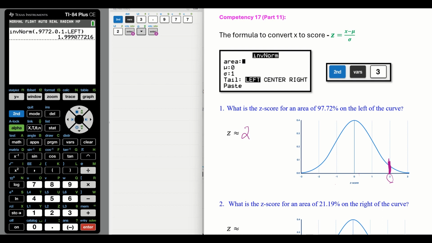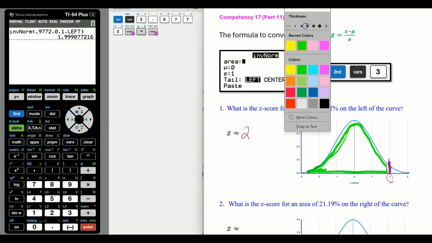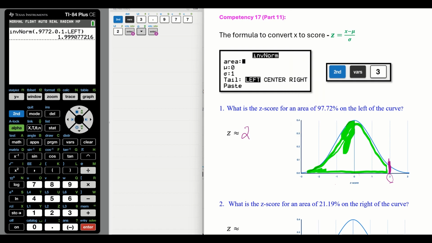So we have the left of the curve, but it says the area underneath. So actually, they're asking for this area right here. I can do a better job with that by making it larger. They really want us to do this.